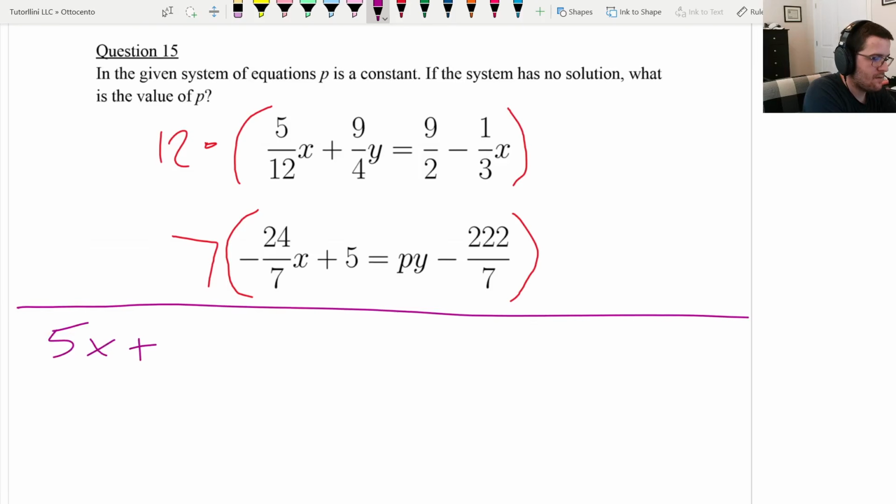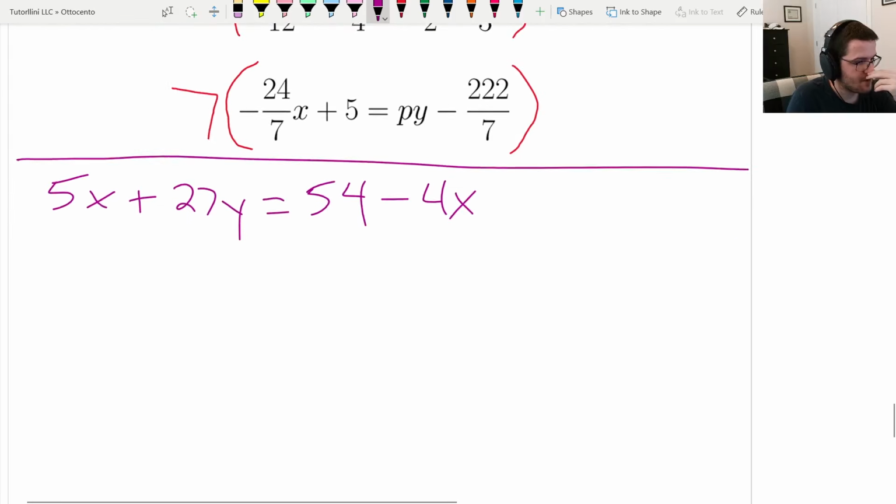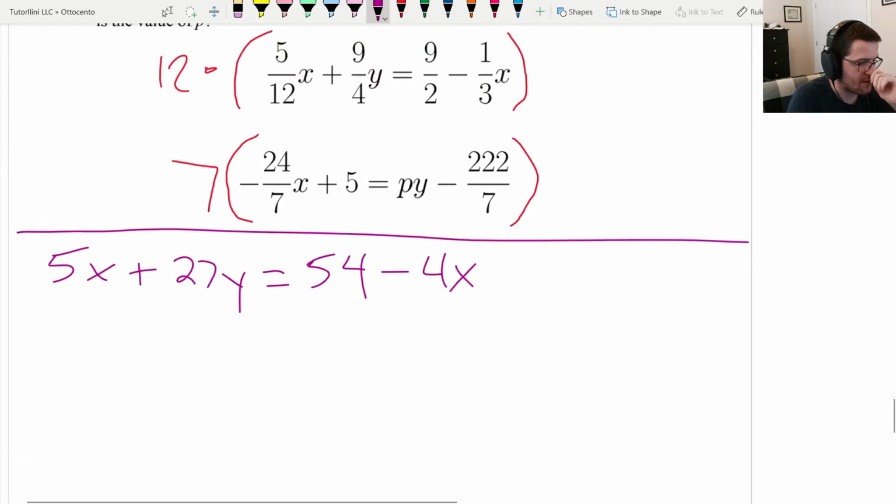And then 3 times 9 is 27y. 6 times 9 is 54. 4x. And why don't we just do all the work for this one right now? So we're going to add 4x to both sides.